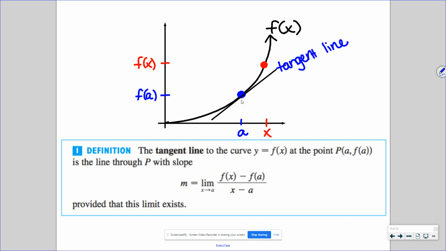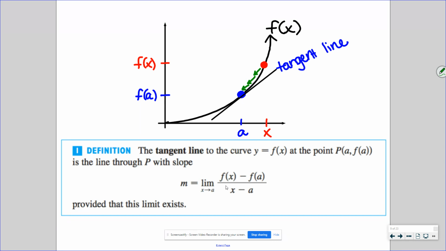And I have to do that because I have to have 2 points to find the slope of any line. So I'm going to start with using this red dot as my second location. And the whole time I'm doing this, I'm going to try to move that red dot closer to the blue one to get a more accurate estimation of the slope at that point of tangency. So this red dot is moving closer to point A.